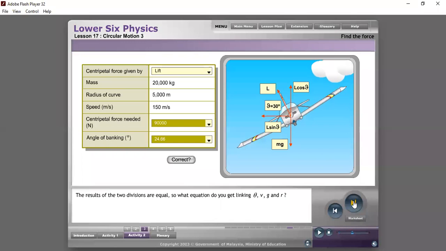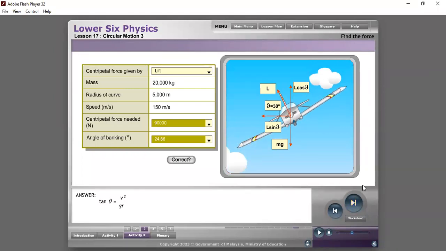So what equation do you get linking theta, v, g, and r? Answer: tan theta equals v squared over gr. So tan delta equal to v squared over gr. Again, we can analyze this by another method.